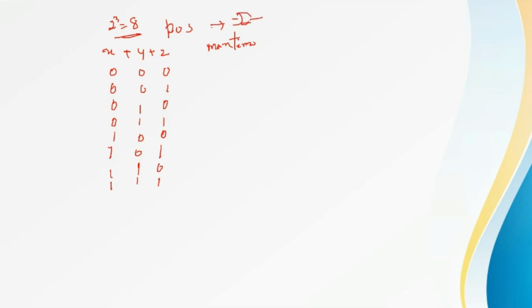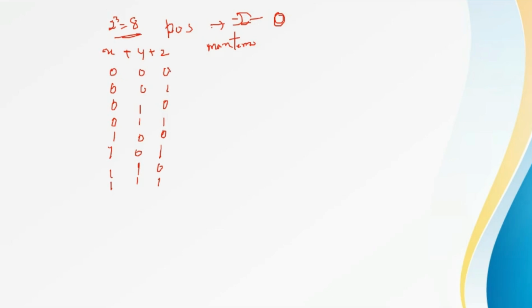This will point to the 0. If it is a 1, we have to take it as a negation. This concept is clear, right? For maxterm, you are taking the 0. Yes, yes.